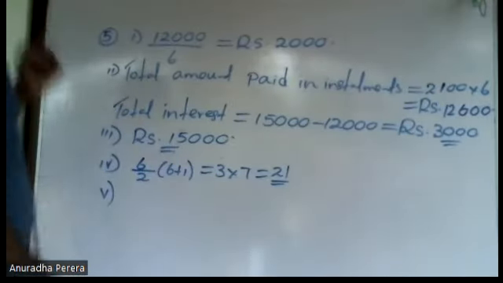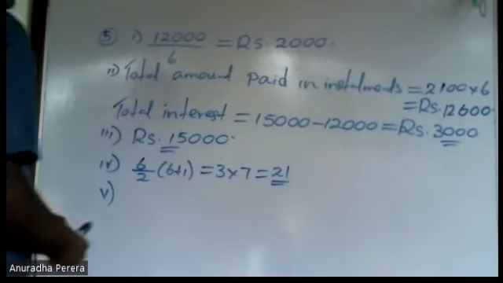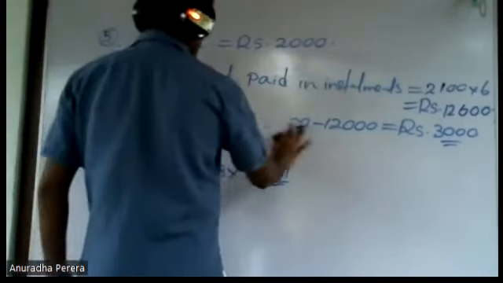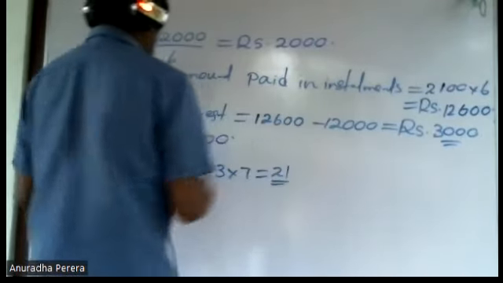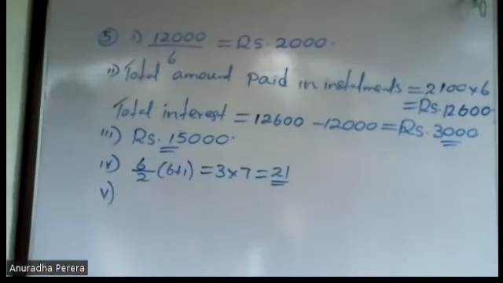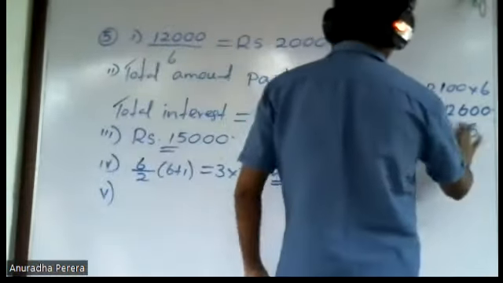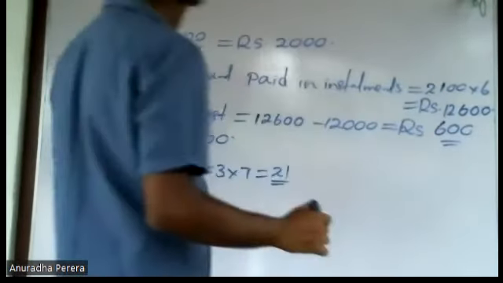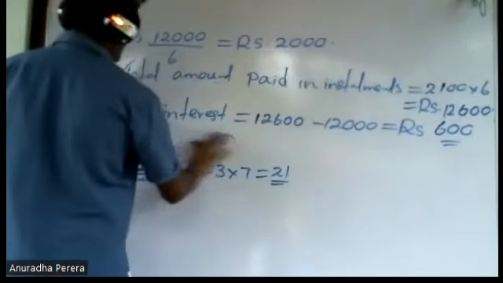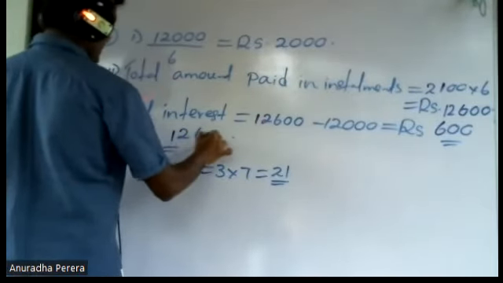Right. Then subtract 12,600 and 12,000. 600 rupees. Is it 600? Yes, sir. Yes, we found it as 12,600.